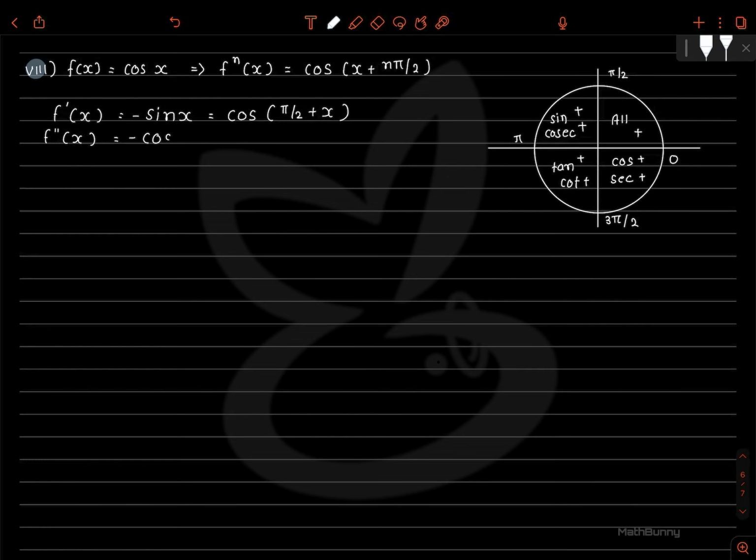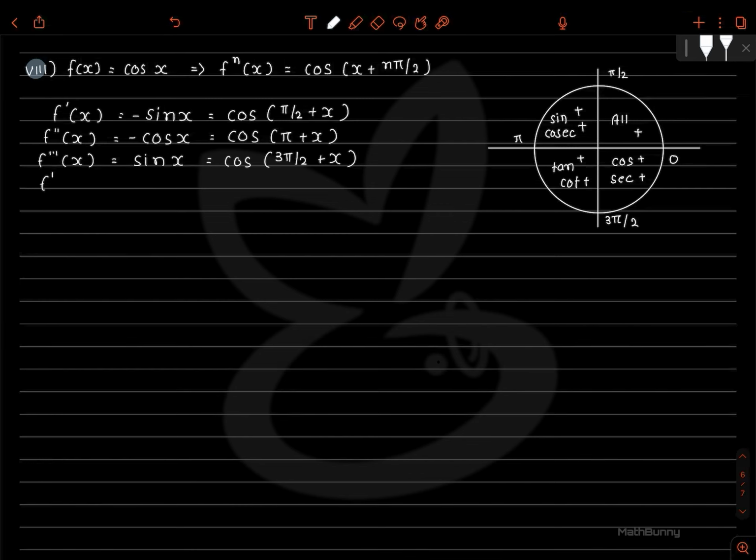The second derivative, f double dash of x, is minus cos x, and this is nothing but cos (pi plus x). The next derivative, f triple dash of x, is sin x, which is nothing but cos (3 pi by 2 plus x).